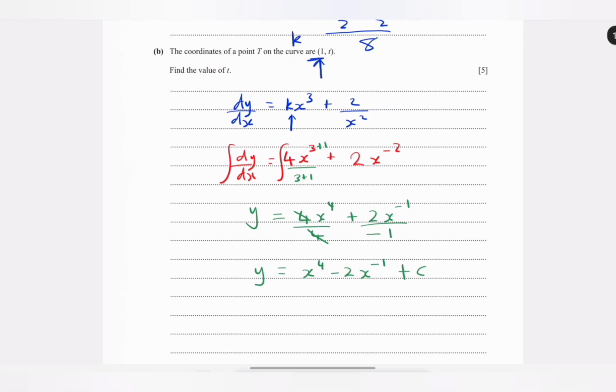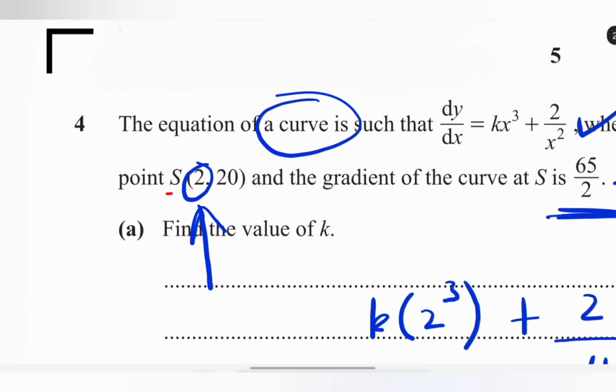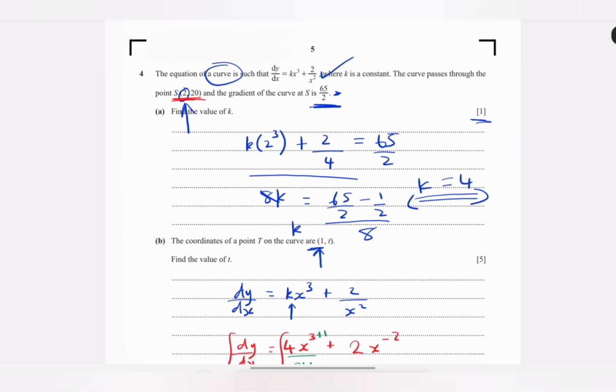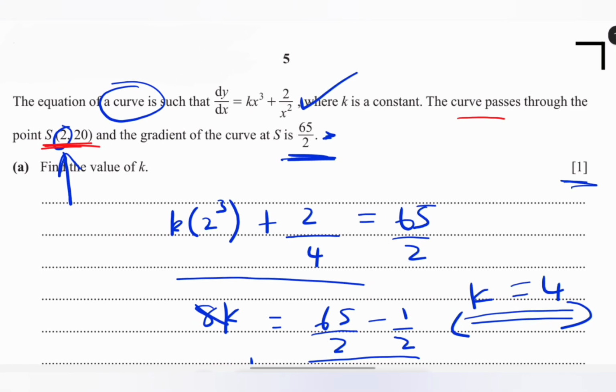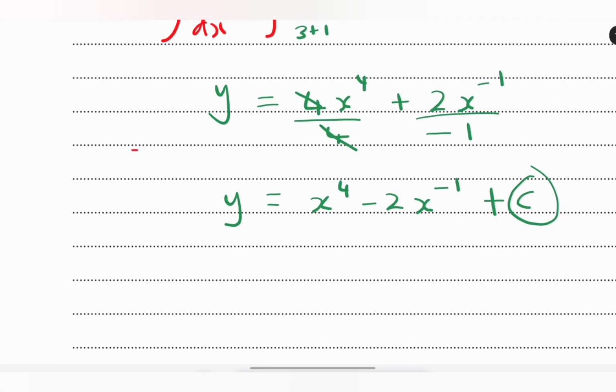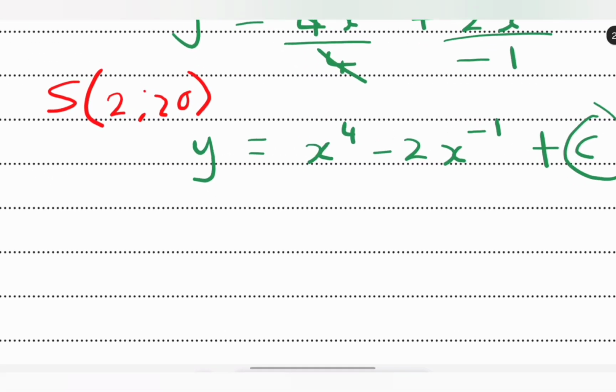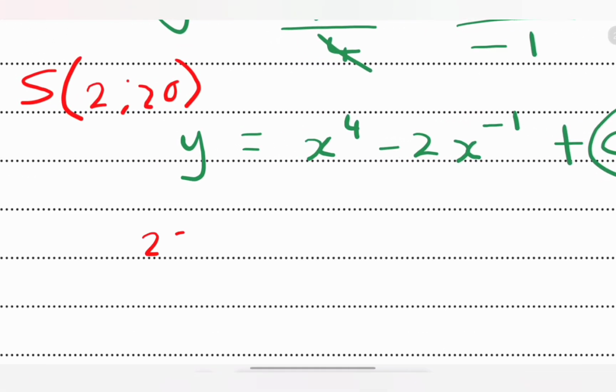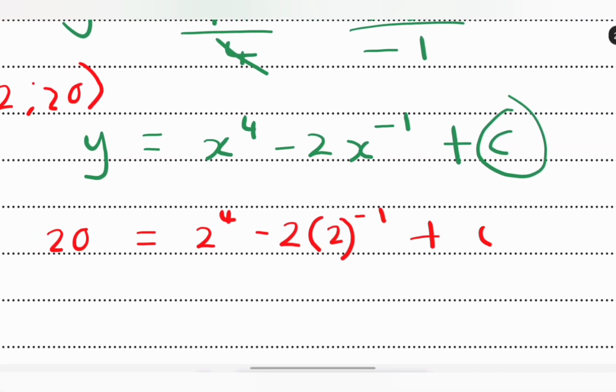Right? And for us to get this constant, we look for a point that's on the curve. And if we look at our question, we're given point S. And we're told that the curve passes through point S and the coordinates are (2, 20). So at S, x is 2 and y is 20. So we're going to substitute those coordinates. So 20 for y is equal to 2 to the power 4 minus 2 to the power minus 1 plus c.